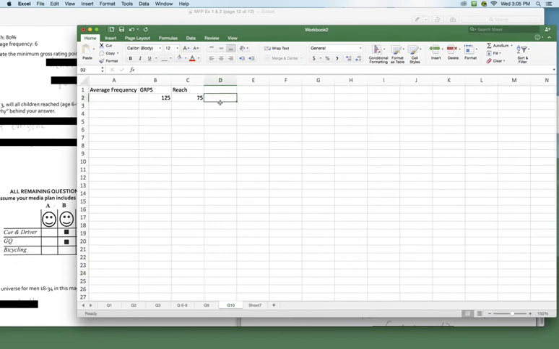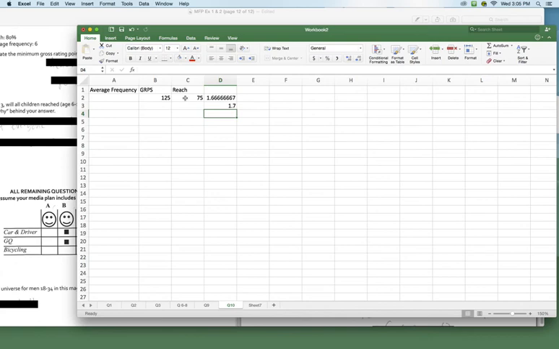So in this case, we'll have equals 125 over 75, which is 1.6 repeating, and we're just going to round up to 1.7 as far as our average frequency here.